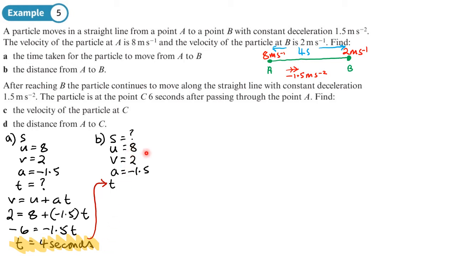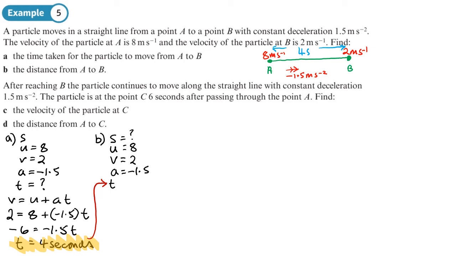I only need 3 knowns to find a 4th unknown. And I would say avoid using previous answers if you can, in case it's wrong. Because if I get this wrong and I use T here, I'm going to get an incorrect answer and I'm going to lose at least 1 mark. So if possible, try and avoid using it. That's not always possible. Sometimes you have to use your previous answer.